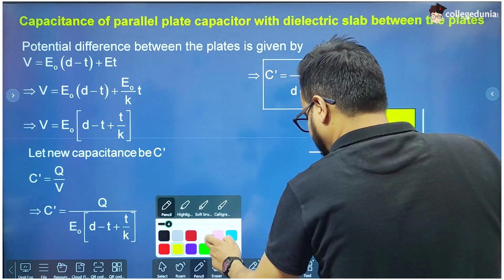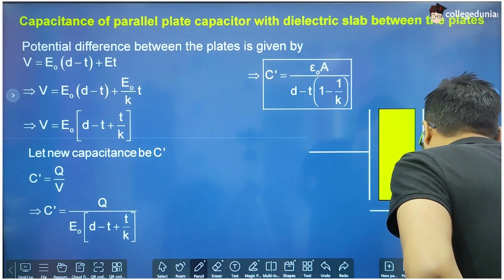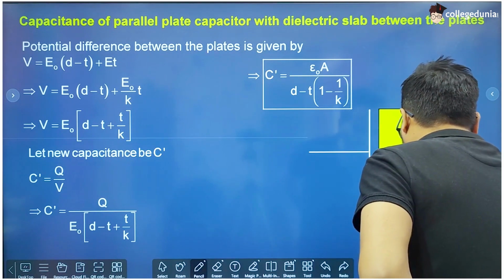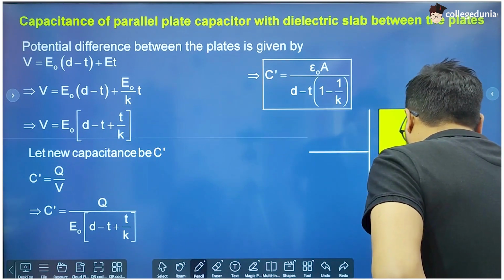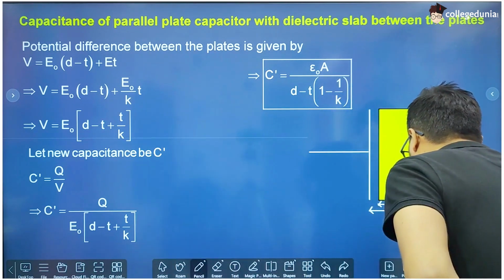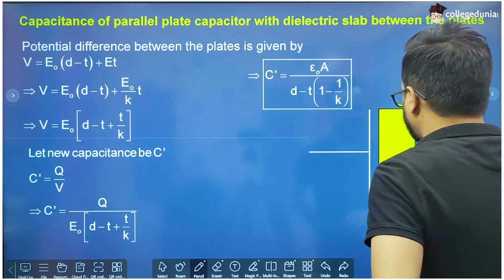This is a capacitor and the distance between the plates of this capacitor is D. And the thickness of this slab is T. Right? Distance between the plates of the capacitor is D and the thickness of the slab is T.